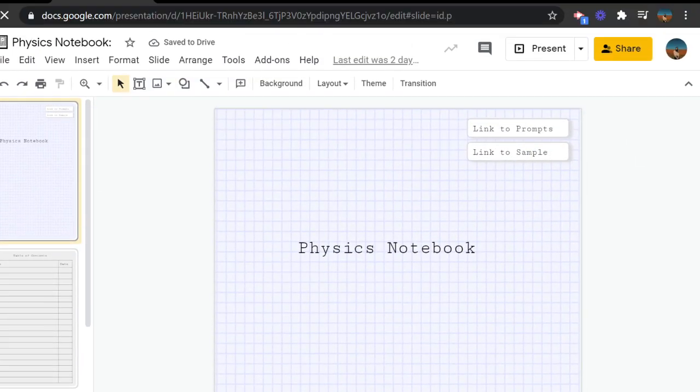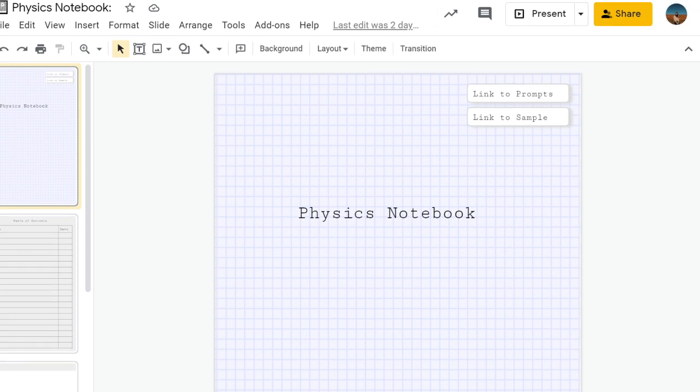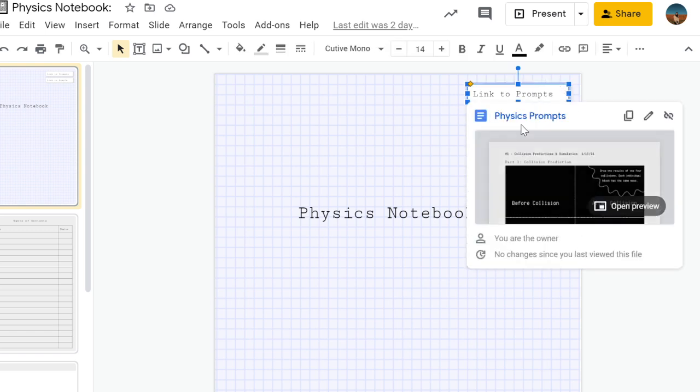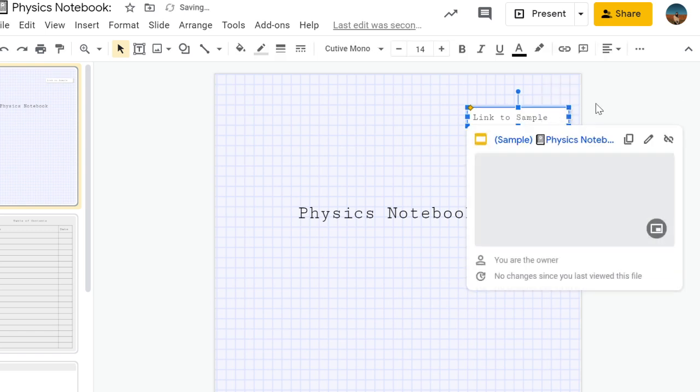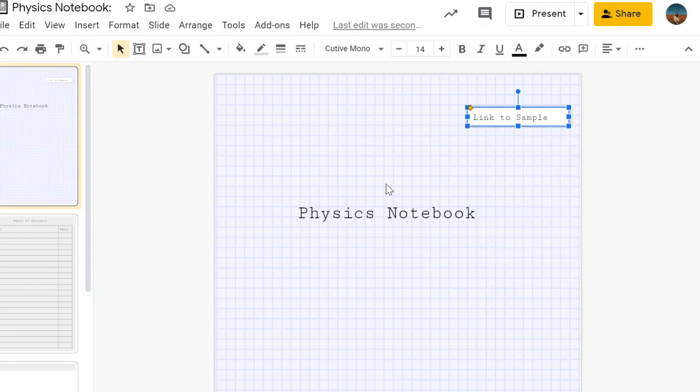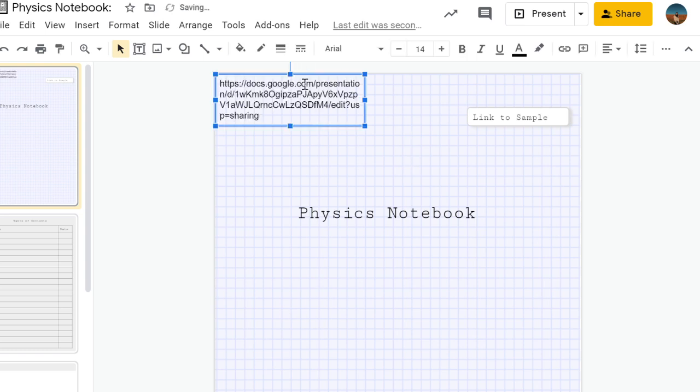All right, last announcement, I guess. So on the front page of your notebook, you'll have a link to prompts and link to sample. If you just want to delete the link to prompts, that's fine with me. The main thing you need is a link to the sample. However, you'll see that there is a new sample slide link. So you will want to copy that and paste it into your notebook.